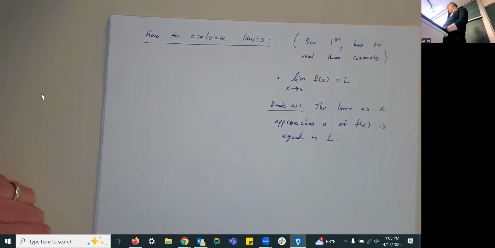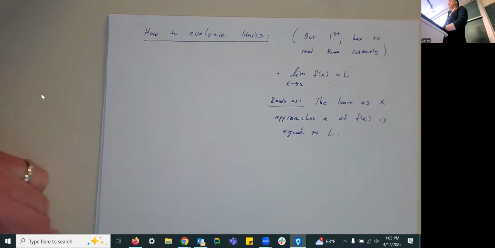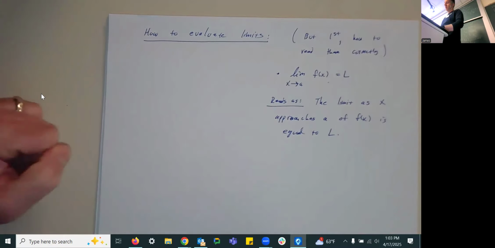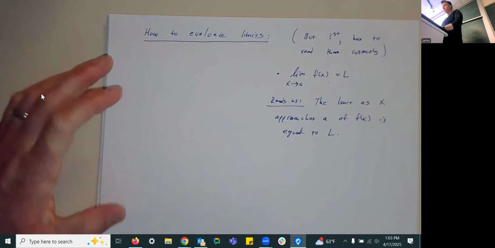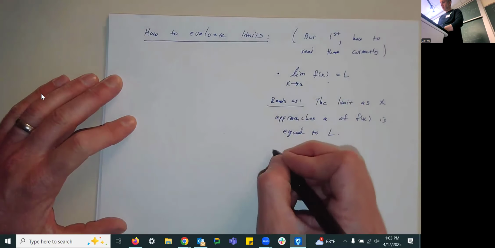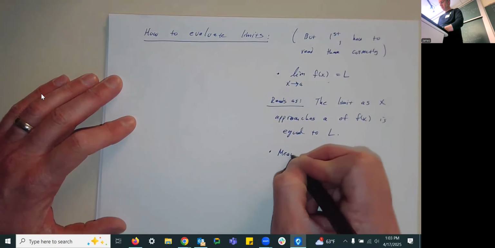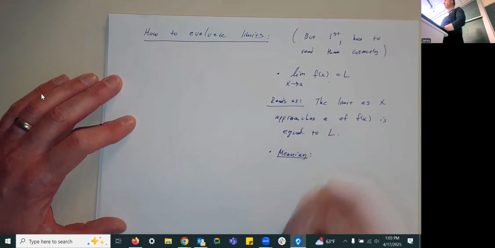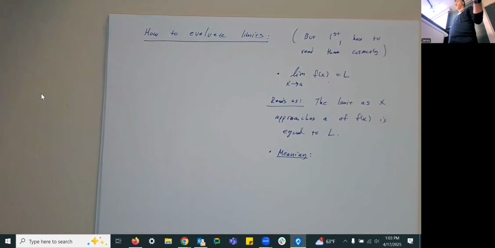Okay, we can read it. Great. I do encourage you to say all the words. They're all there for a reason. But more importantly, what does it mean? Well, the meaning is, again, the same meaning we've talked about so far.